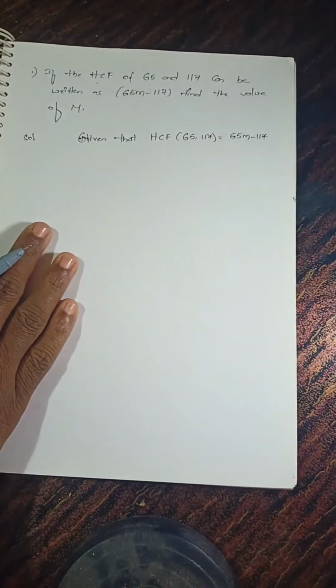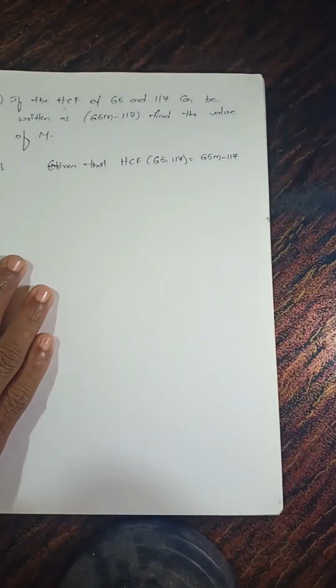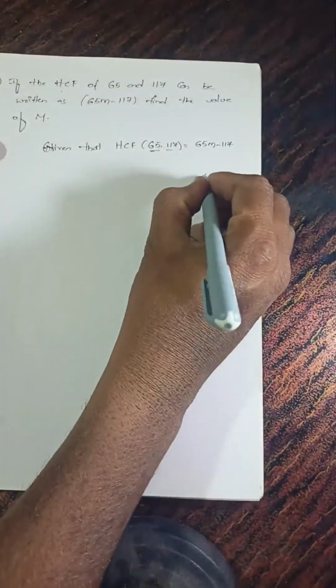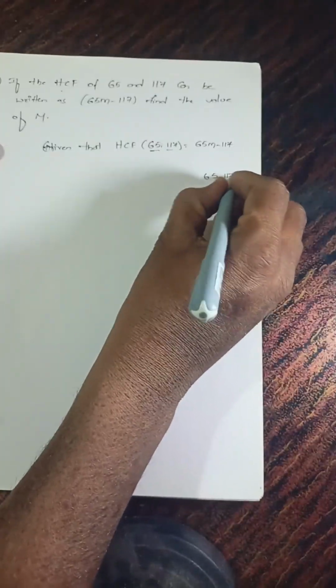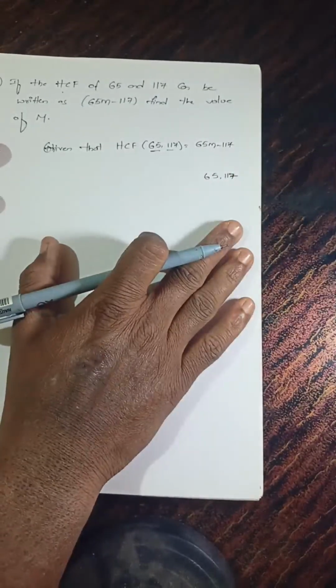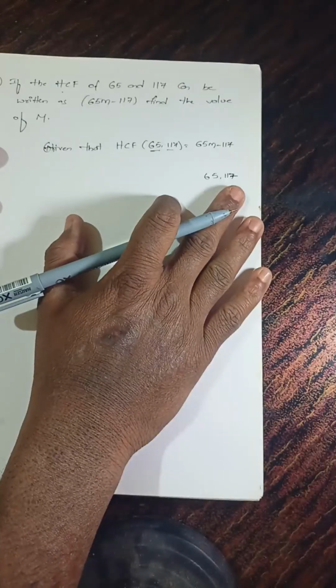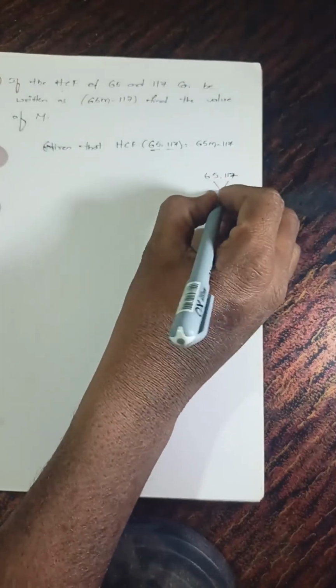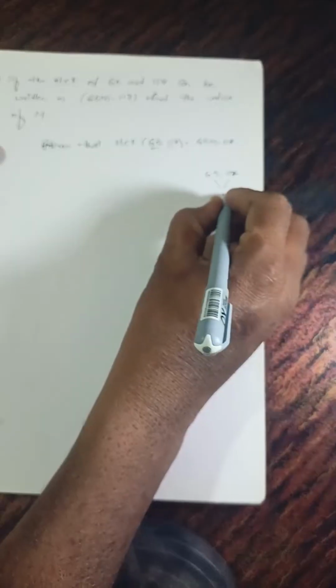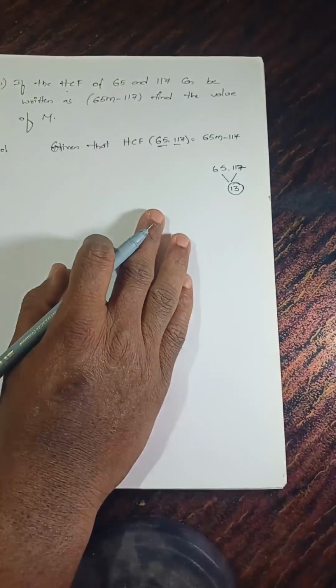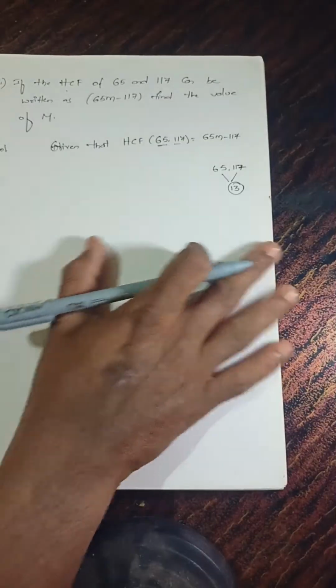Now we have to find out exactly what the HCF value is. I think there is no need to do the LCM method. You can directly guess the answer for this question. Why? Because 65 and 117 you are going to get in one table, that is called the 13 table.